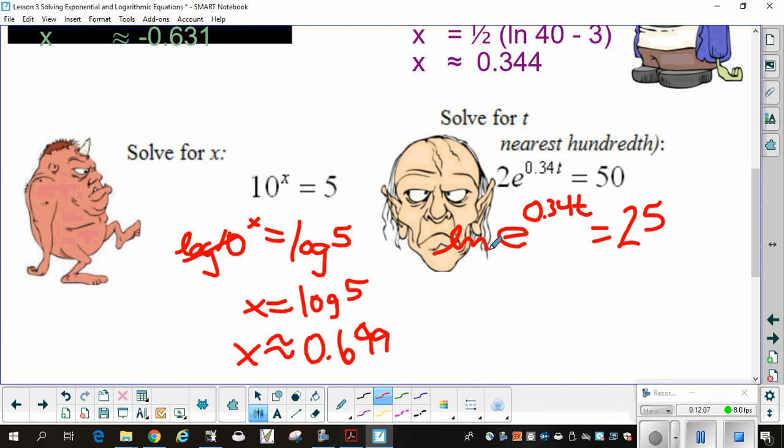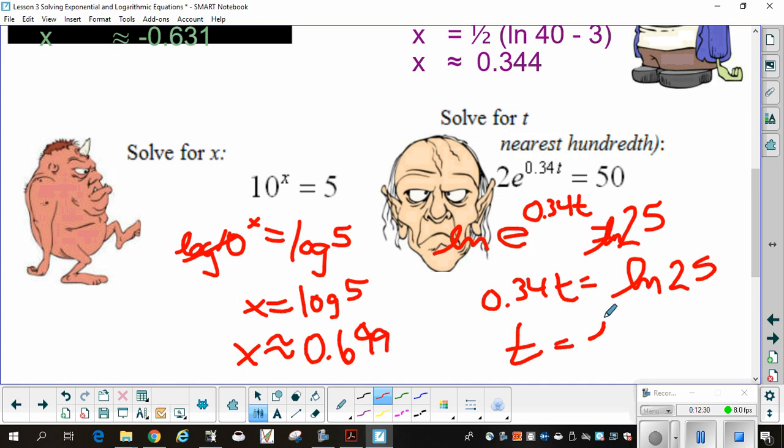So if I do the natural log here and the natural log here, I'm going to have 0.34t is equal to the natural log of 25. Dividing both sides by 0.34, t is equal to the natural log of 25 divided by 0.34.